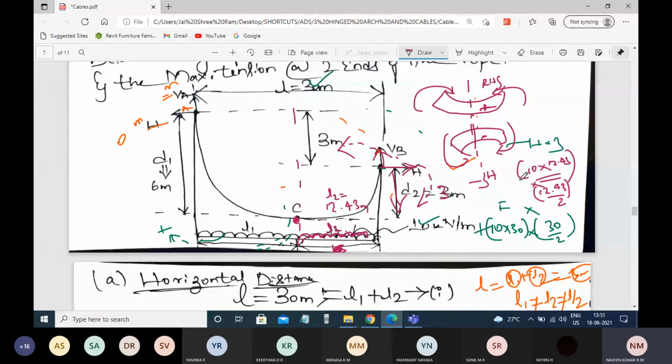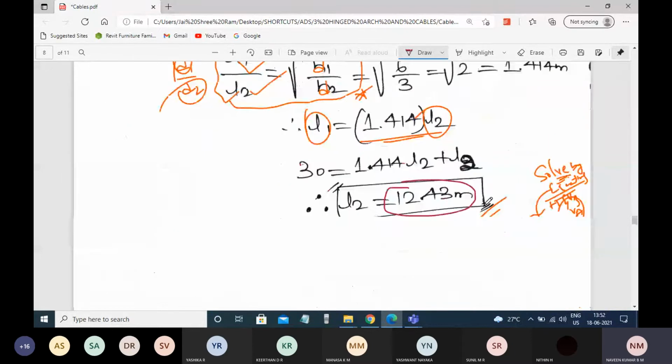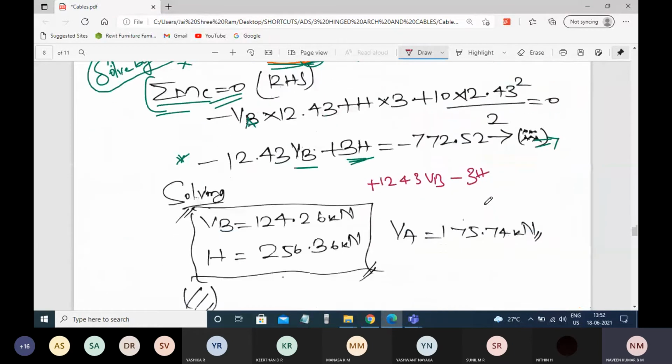And you see the rotation in order to move towards C, it is clockwise. So clockwise it is negative. Understood? So let me write it over here. So negative 10 times of 12.43 times of 12.43 divided by 2 equals to 0.